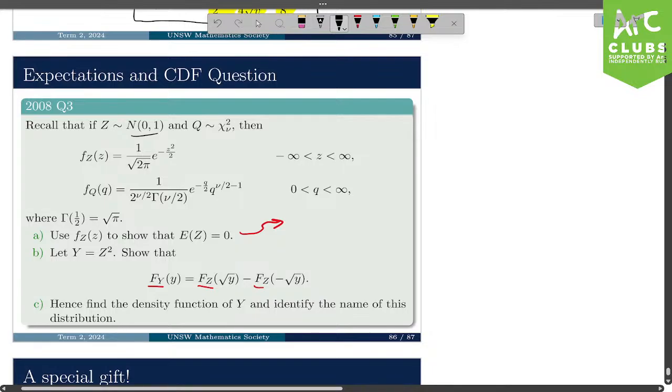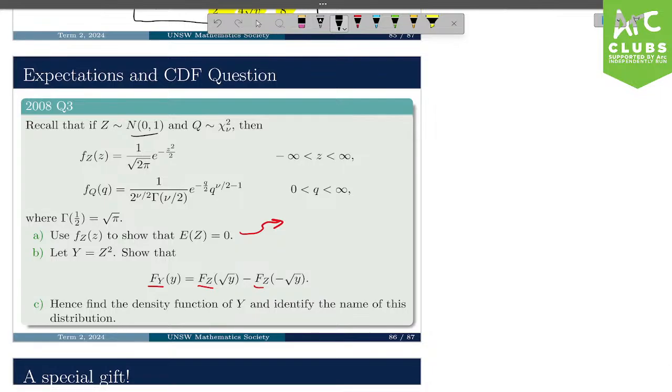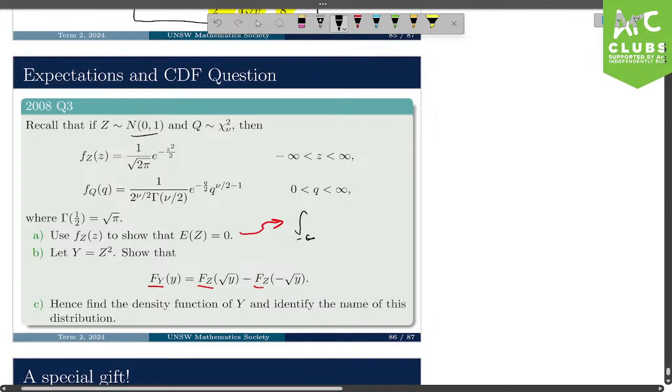The easiest way to think of this, rather than going ahead and saying, let's integrate between infinities, already a bad idea, x times 1 on the square root 2 pi e to the minus x squared on 2 dx. That's never going to be fun.